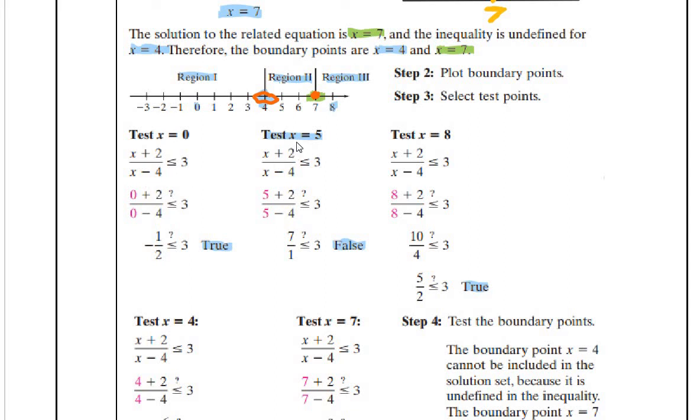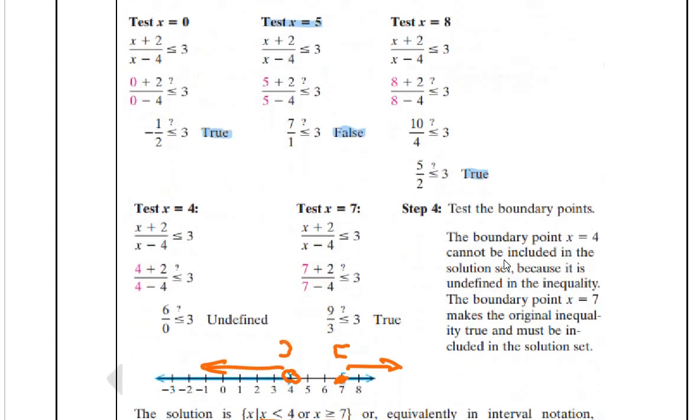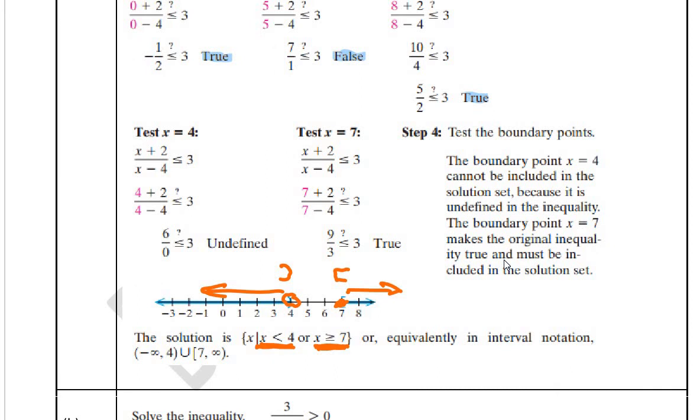Then I go to 5 and I see that's not true, because the left-hand side works out to be 7. That's not less than 3, so it's false. And 8 works out to be 5 over 2, which is 2.5. Well, that is less than 3, so that's true again. I need to give my true regions for my answers. Okay, thank you very much, sir. Yeah, but you must ask your questions. I appreciate the question. Anything else?